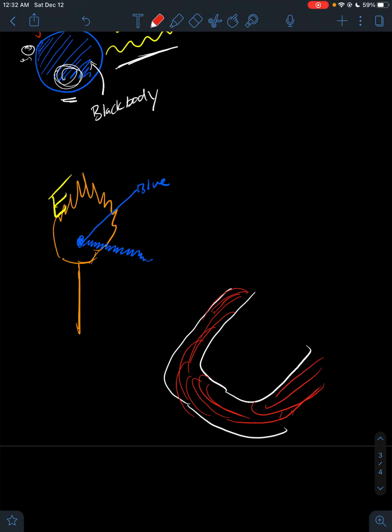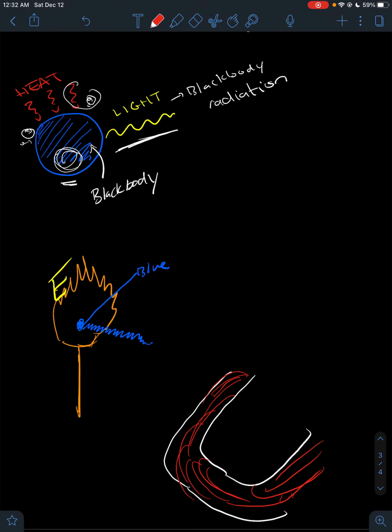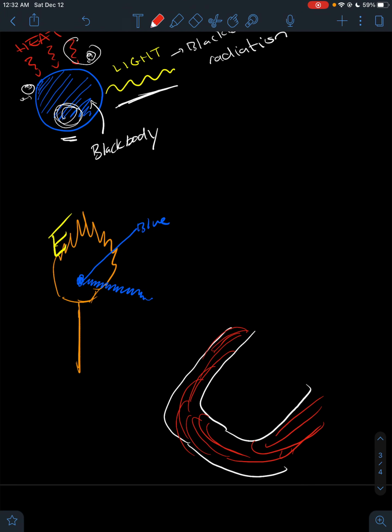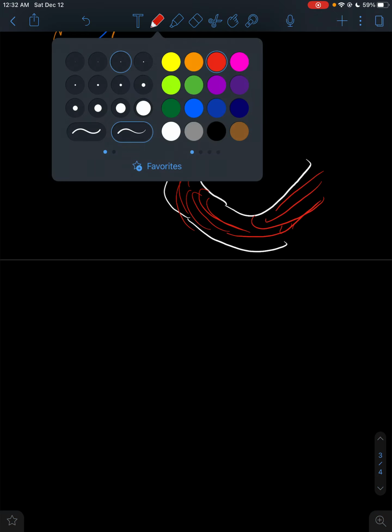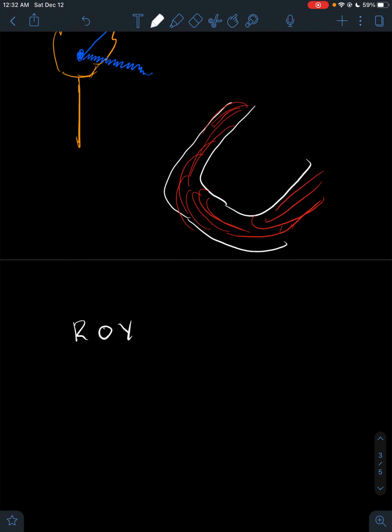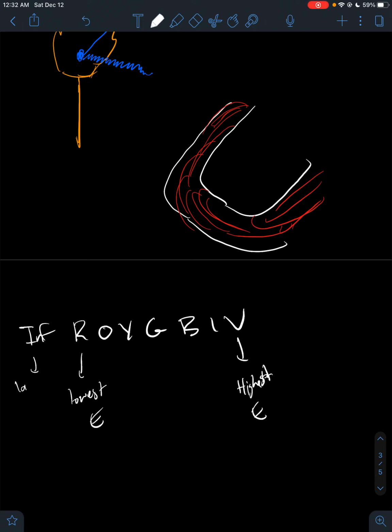Now, to understand this process more, we need to actually understand the kinds of wavelengths of visible light. So we have red, orange, yellow, green, blue, indigo, and violet. Red has the lowest energy. Violet has the highest energy. This is just the visible spectrum. We can expand the spectrum, and then we get to infrared. Infrared is lower than red.